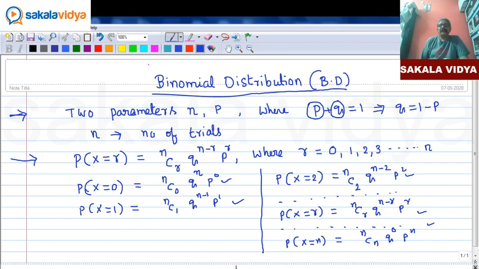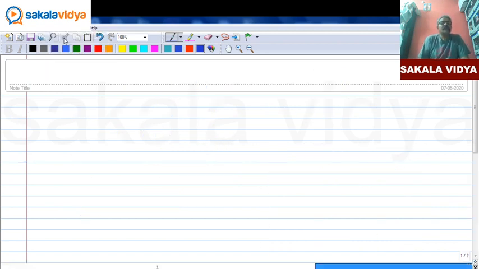So, for example, x equal to r, its probability, we can write it as a distribution, no problem. 0, 1, 2 and so on, r and so on, for example n. So in this random variable the range is 0 to n.